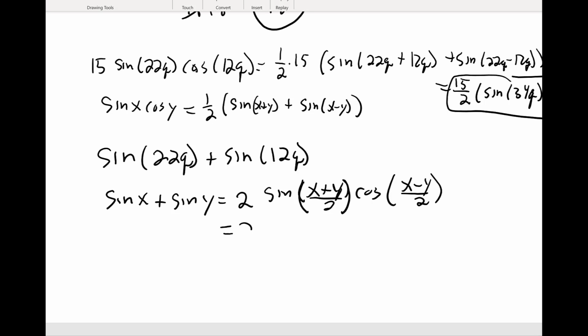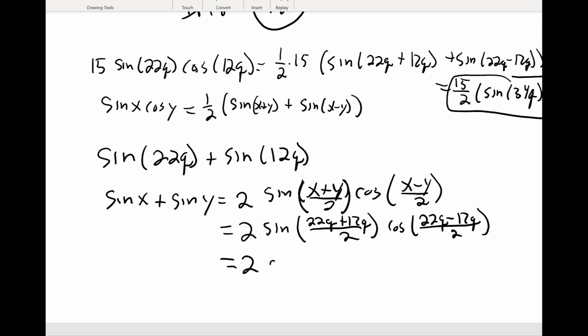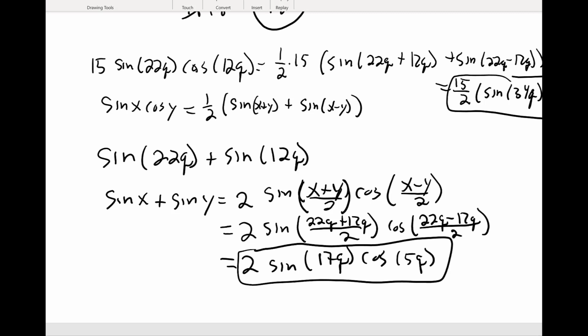So what do we have? We have 2 times sine of 22q plus 12q over 2 times cosine of 22q minus 12q over 2. 2 times sine of 22 plus 12 is 34, divided by 2 is 17q. Cosine of 22 minus 12 is 10, divided by 2 makes that 5q. That's it.